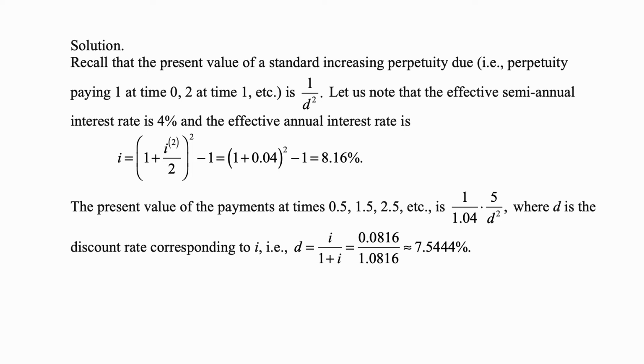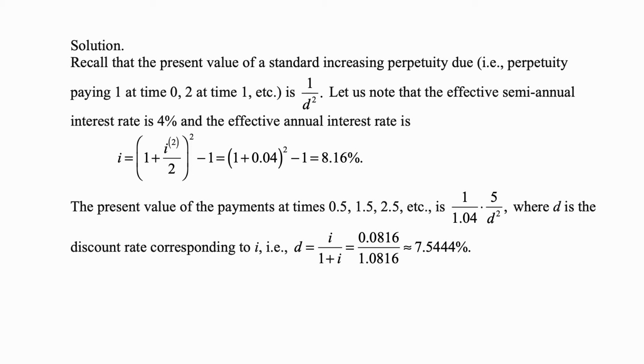And the standard increasing perpetuity due would start at time 1. This one starts at time 0.5. So this perpetuity due would start at time 0, and this one starts at time 0.5, so that's why it's reduced by a factor of 1 over 1.04.